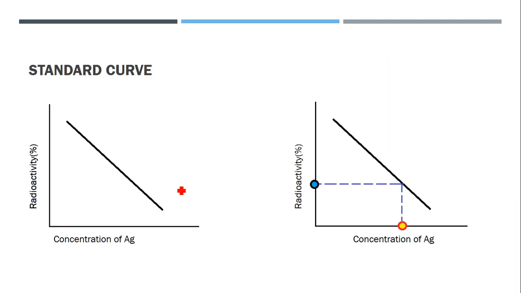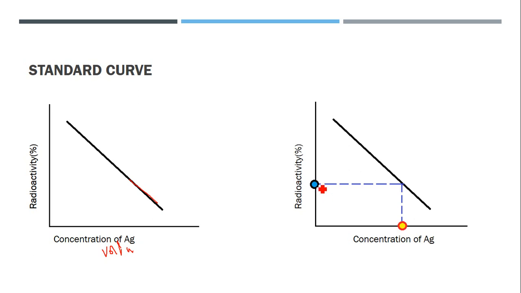So what we are going to do? We are going to plot the curve of radioactivity versus concentration of antigen. So here you can see as the concentration of antigen increases, that is here we are talking about the unlabeled antigen, the radioactivity decreases. Then what we can do?